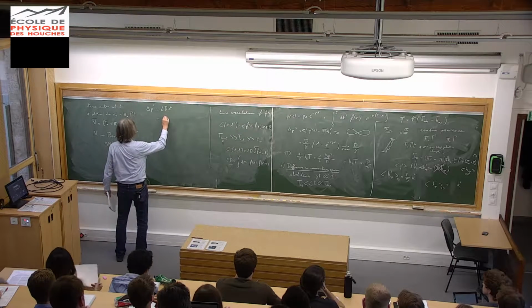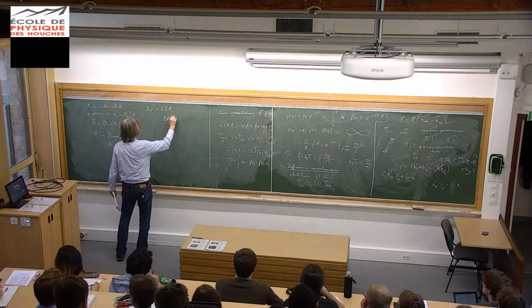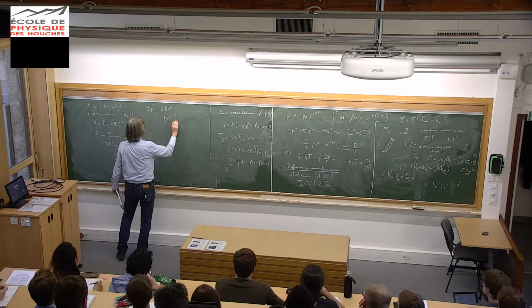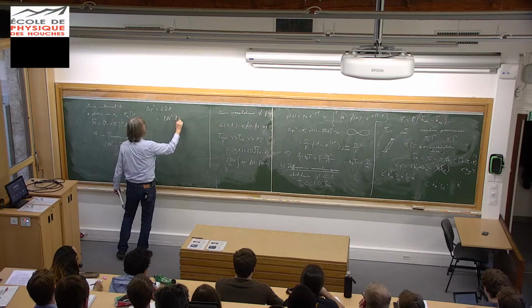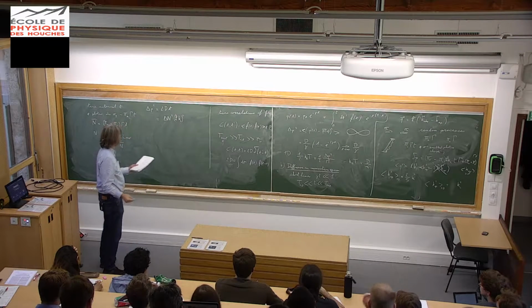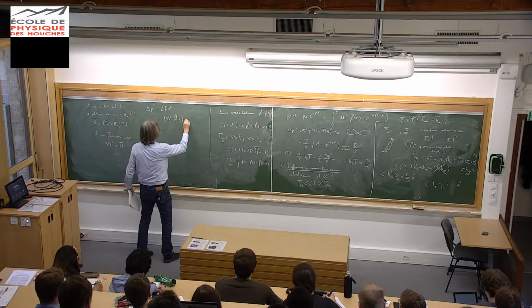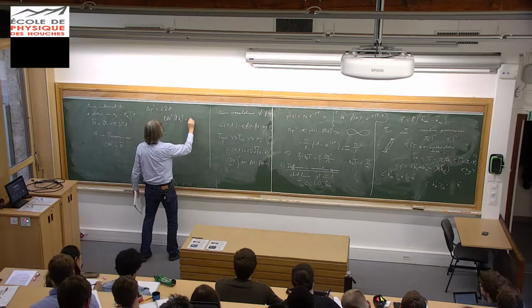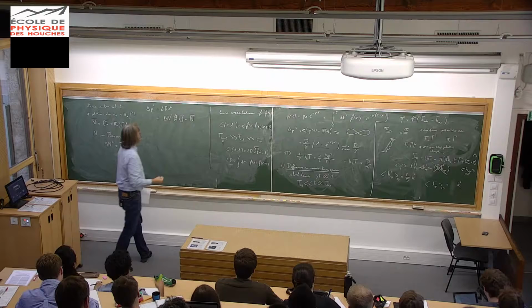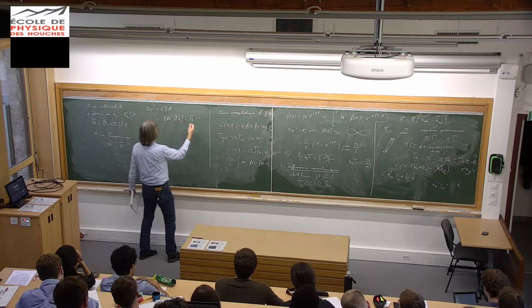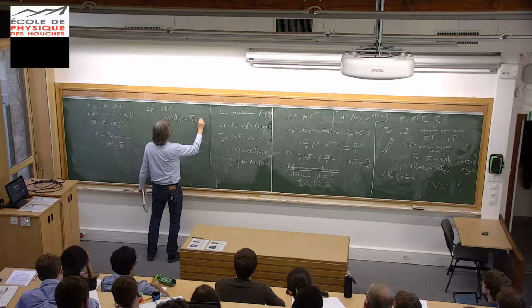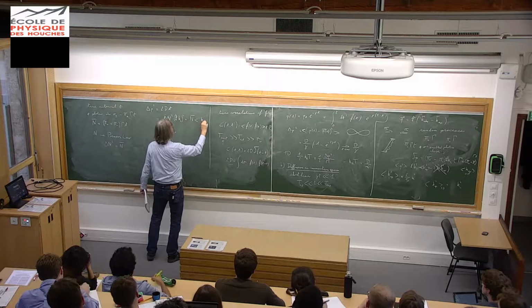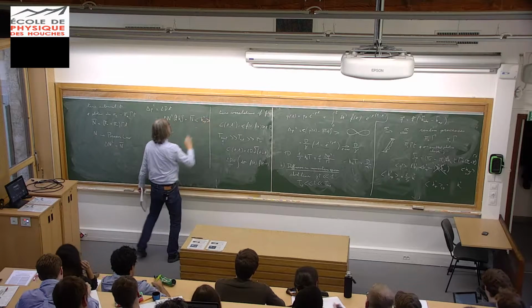And so I have my delta n squared times h bar kl squared. And I have also the other contribution, which is the mean number of photons exchanged times the k spontaneous squared.